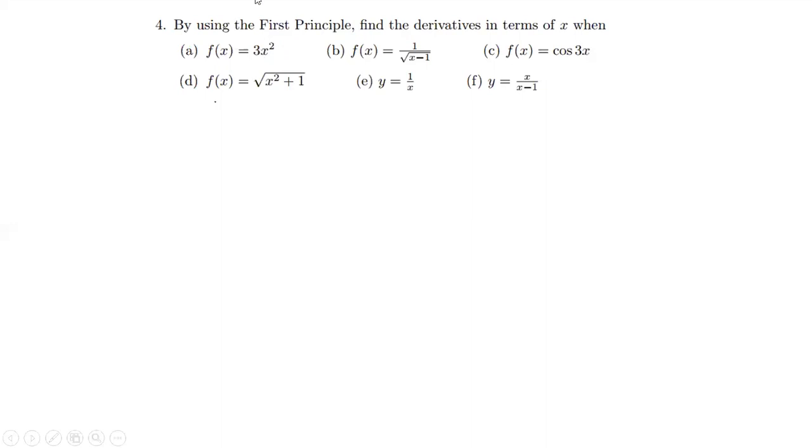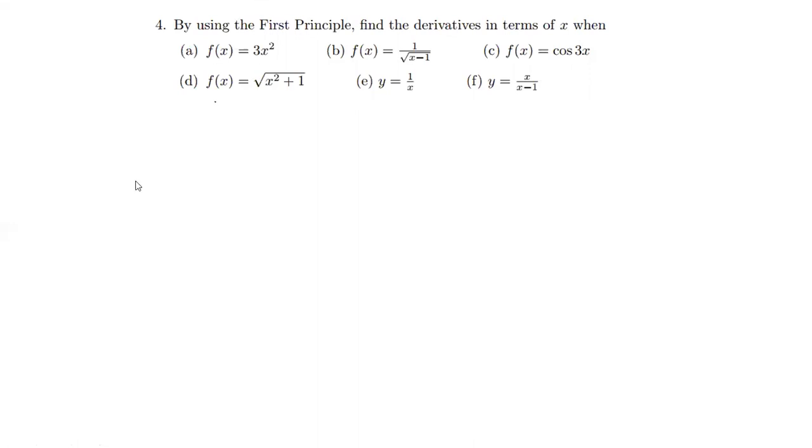First of all, what you need to understand here is what the first principle formula looks like.